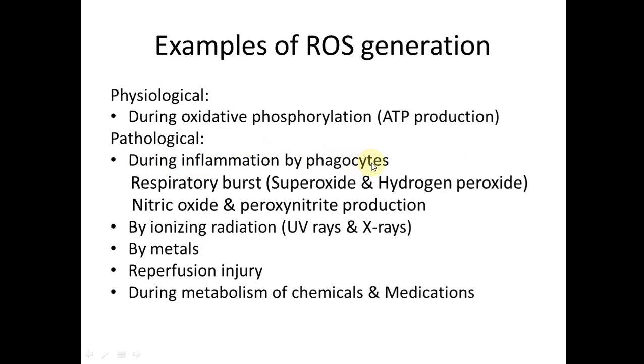Free radicals are produced by phagocytes in the phagosomes and phagolysosomes, and during inflammation there is a condition known as the respiratory burst, where superoxides and hydrogen peroxides are produced by the action of the enzyme known as phagocyte oxidase or NADPH oxidase.